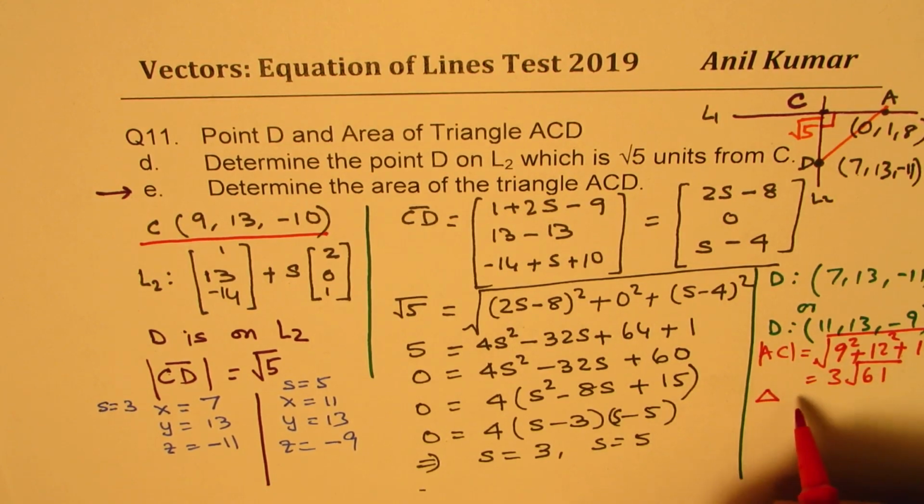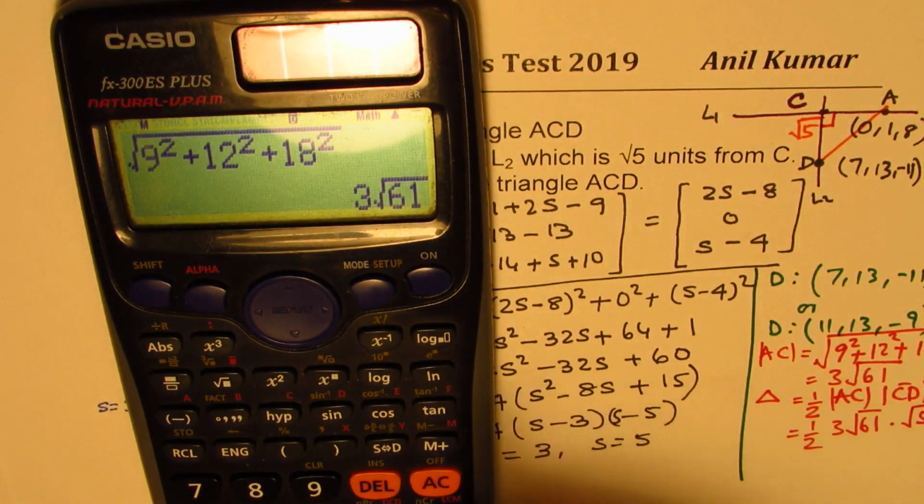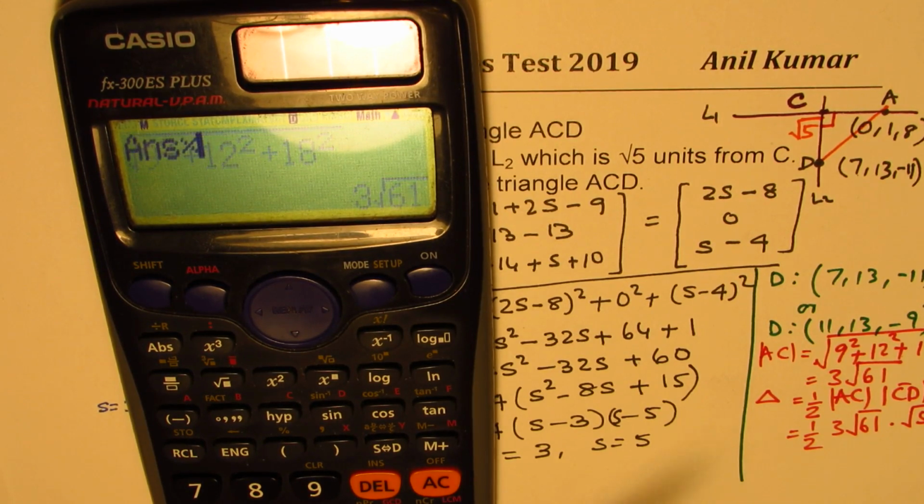So area of triangle is equals to half of AC magnitude times CD magnitude. So we found this to be 3 square root 61. The other one is given to us as square root 5. So we'll just multiply the result by square root 5, right?